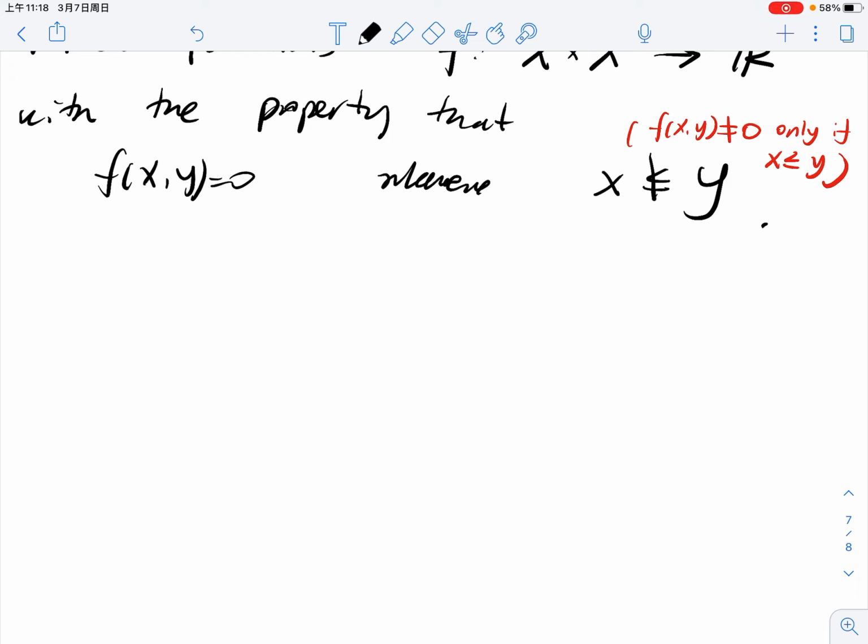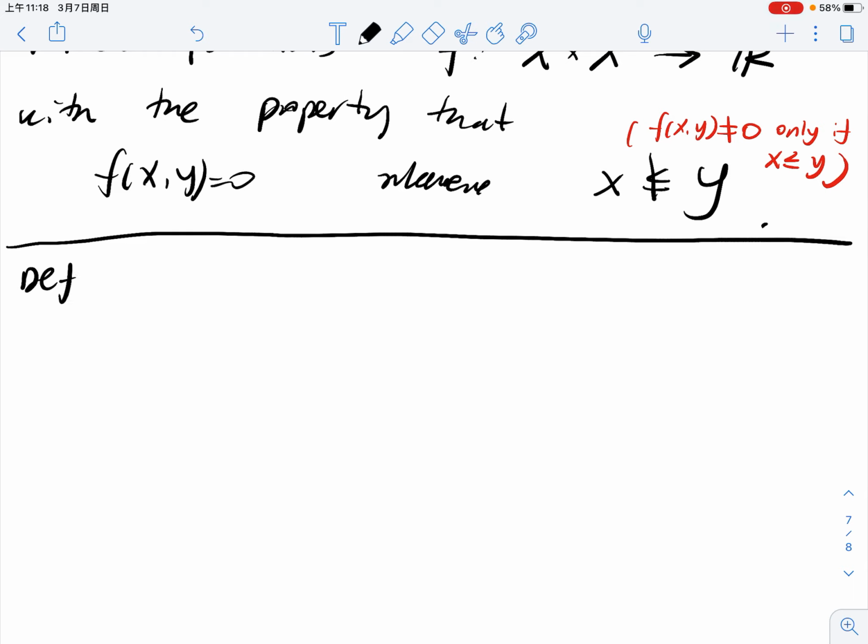Okay, and after that, we introduce an operation for all the functions in χ_f.